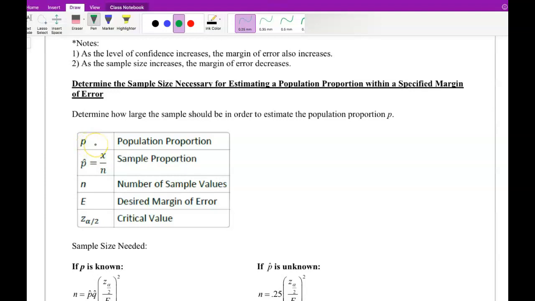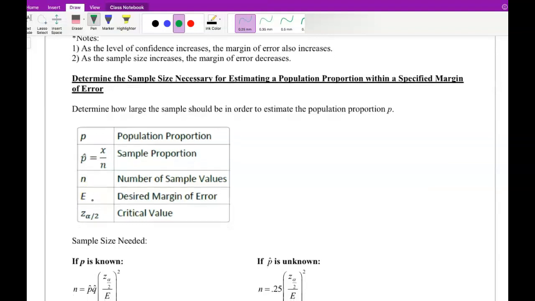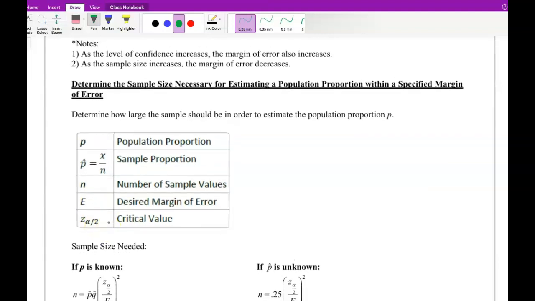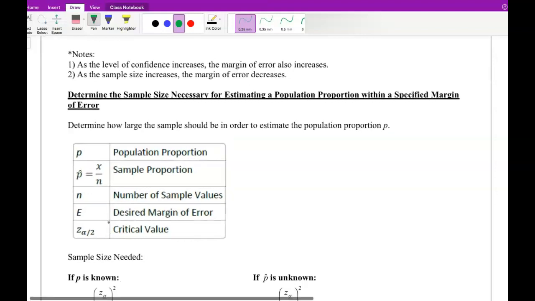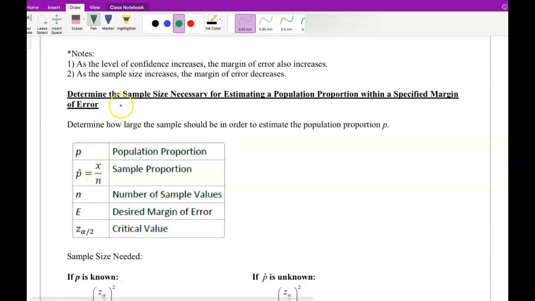So P was population proportion, p hat sample proportion, n the number of sample values, E margin of error, and this is critical value. In this part we need to find the sample size for estimating a population proportion within some specified margin of error.